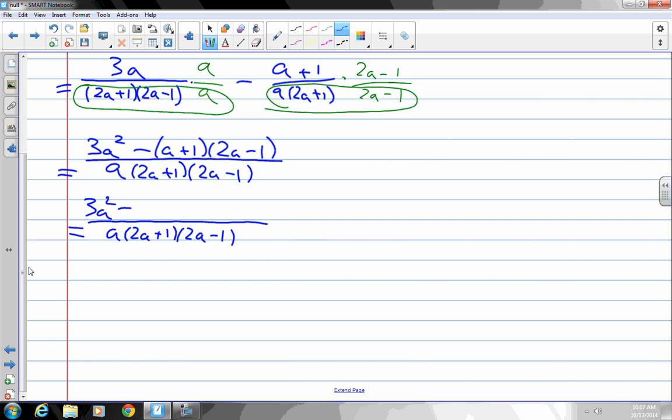So the way we simplify the numerator, first, we're going to FOIL. We're still going to keep everything in parentheses because of the negative sign. If you FOIL, a times 2a is 2a squared. a times negative 1 is negative a. 1 times 2a is plus 2a. 1 times negative 1 is minus 1. And then distribute the negative, so it will change all the signs.